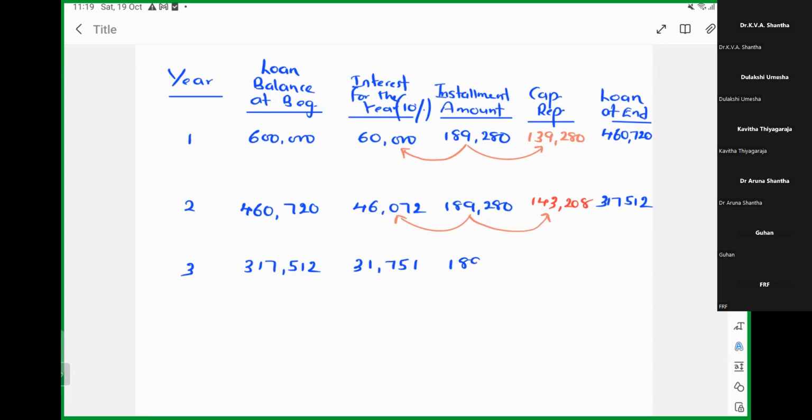Installment 189,280. Then how much capital repayment? 157,529.